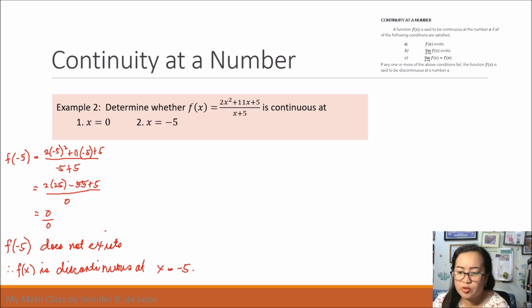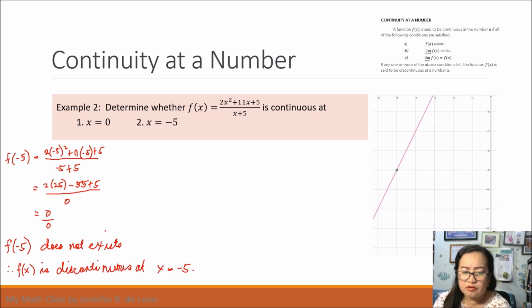Now let's support our answer using a graph. Okay, so graphically, we can show 2x squared plus 11x plus 5 all over x plus 5 using this line. Now, since we cannot use -5 for x, this point will be represented using an unshaded dot or a hole.